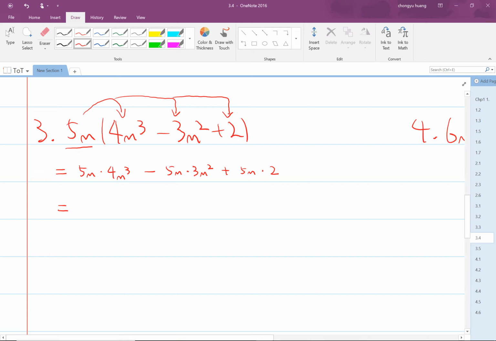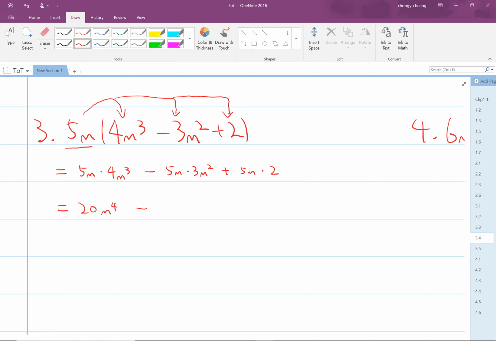Since this is a detailed one, we're going to go through this in detail. Okay. So we have 5 multiplied by 4 is 20, right? And then we have m to the power 1 multiply m to the power 3. So it's m to the power 1 plus 3, right? So 1 plus 3 is equal to 4, right? And then we have a negative. And then we have 5 multiply 3 square, right?